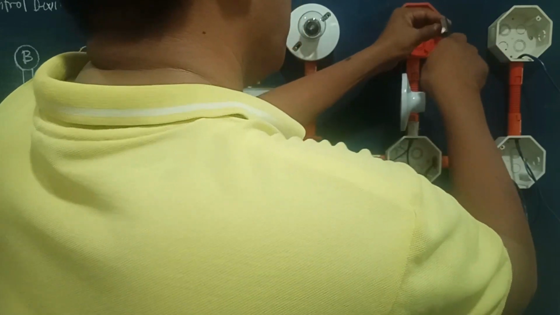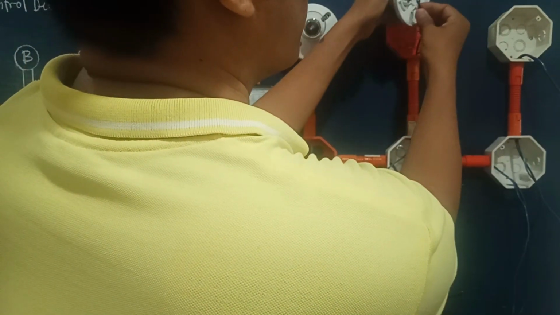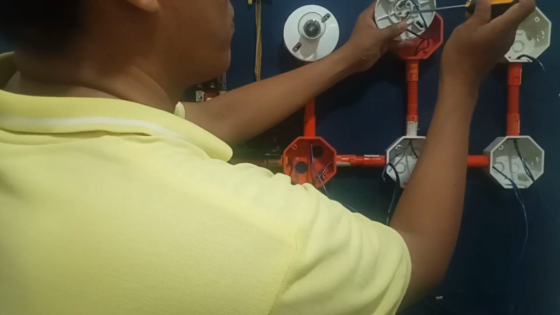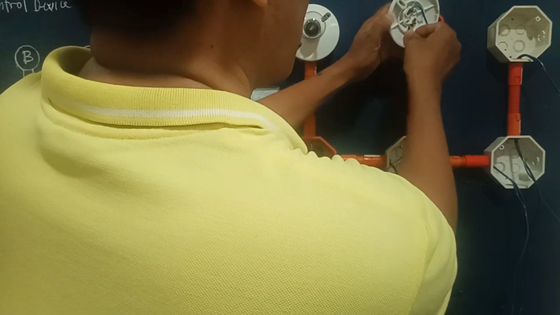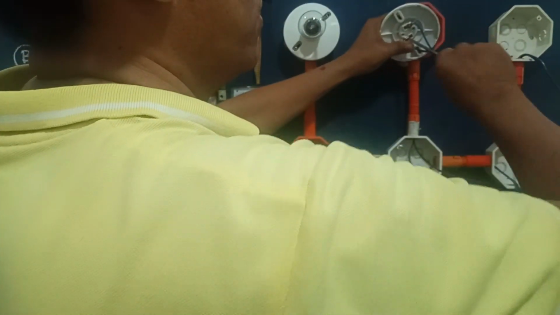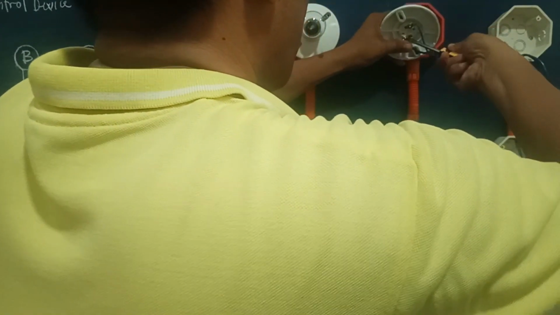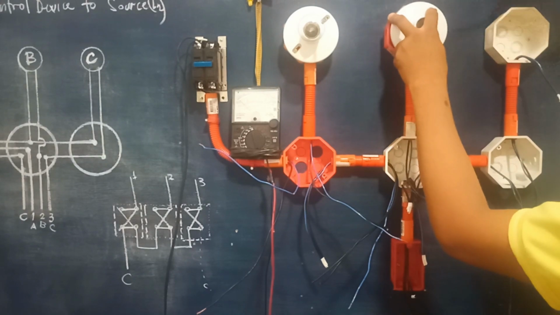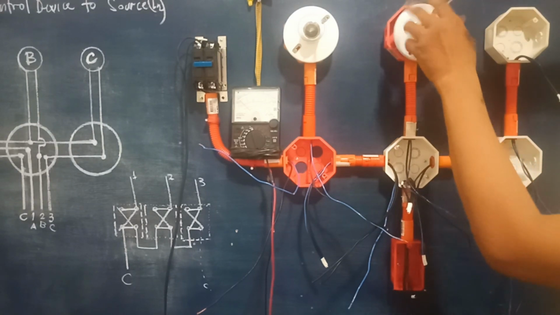Then some part also right here. Then tighten. And of course you have to put the bulb right here.